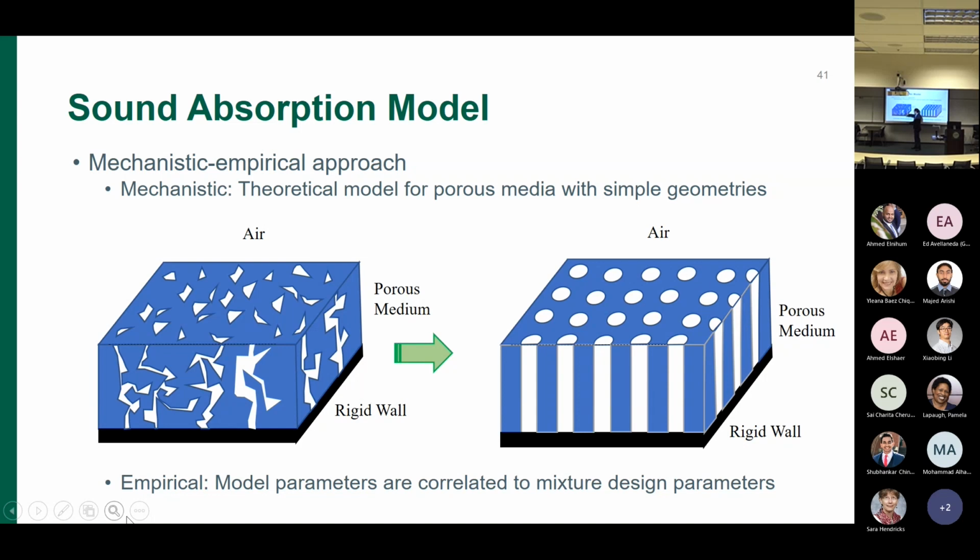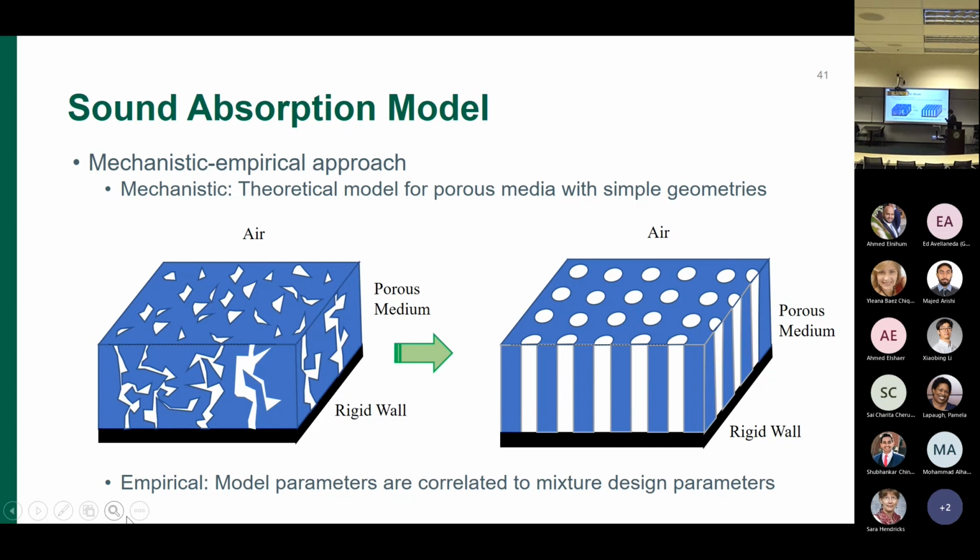It looks irregular in terms of the shape, diameter and size of the pores, and for this, it's very difficult to predict the sound absorption. So we're going to simplify it to a structure in which the pores are perpendicular to the surface of the layer, and they have the same diameter.